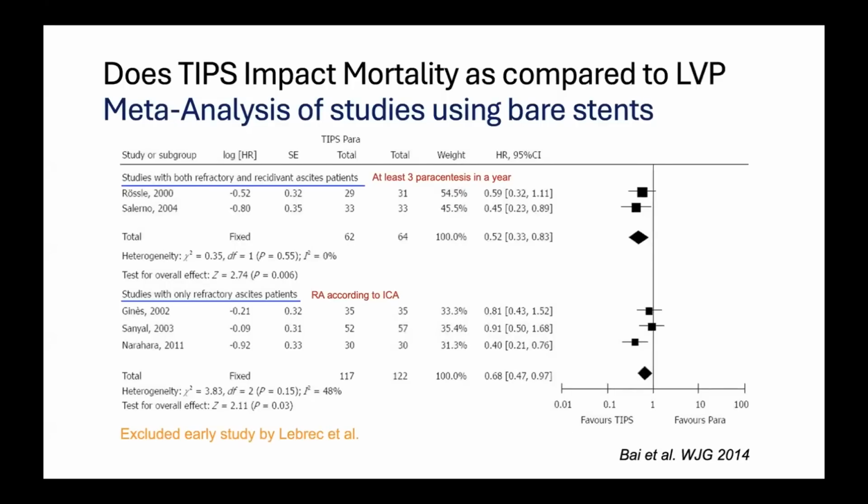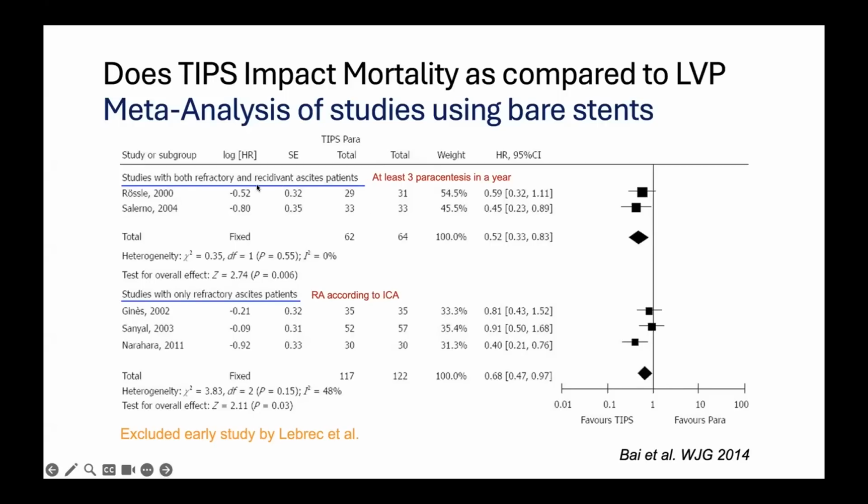So this is a more up-to-date meta-analysis showing the effect on mortality in all the trials that have been done for refractory ascites. They exclude the earlier study by Didier Lebrec. The latest trial that I'm going to talk about is also missing, but what I like from this is that it stratifies the trials.